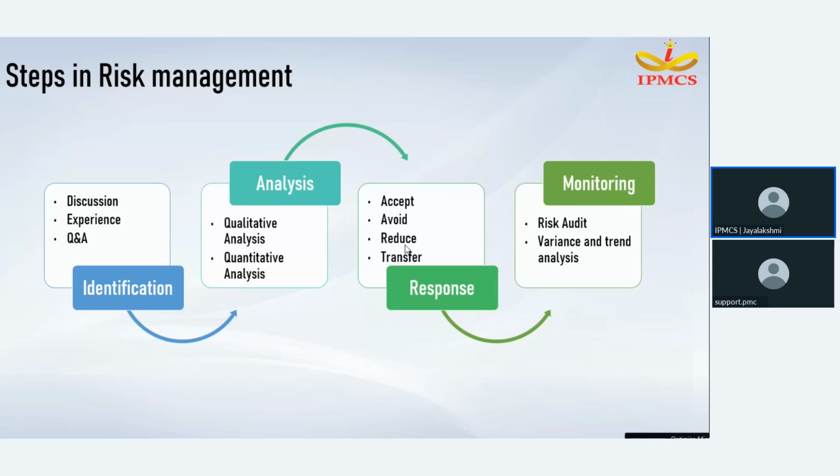Now the transfer of risk, the last one. In the transfer of risk, we shift the impact of the risk to a third party. This is mainly used to avoid the cost impact. For example, we can take insurance for the workers so that any accidents on the site will be covered by the insurance company.